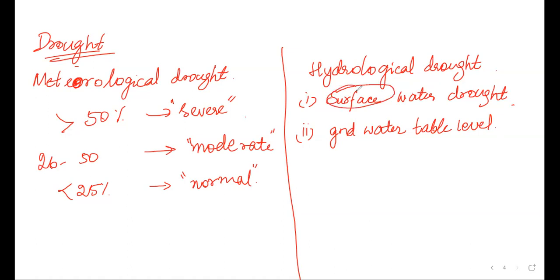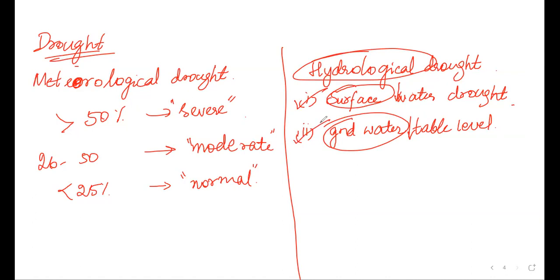So the surface flow is dropping and the groundwater level is also dropping. This dropping of both is what we call hydrological drought, a reduction in water levels manifested in both surface water and groundwater.